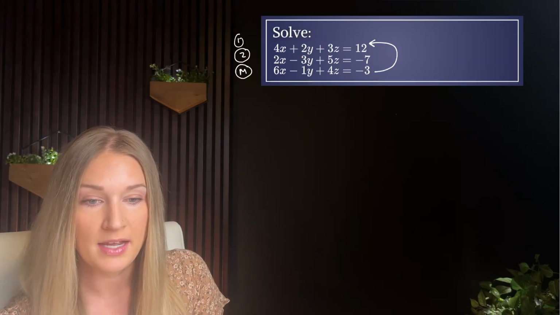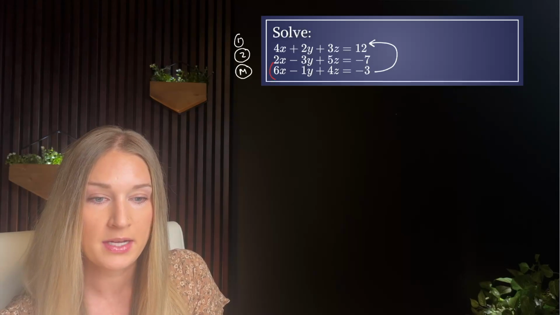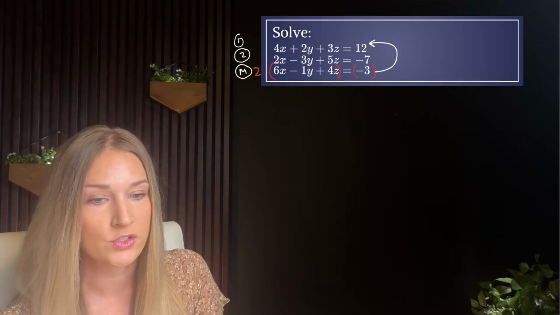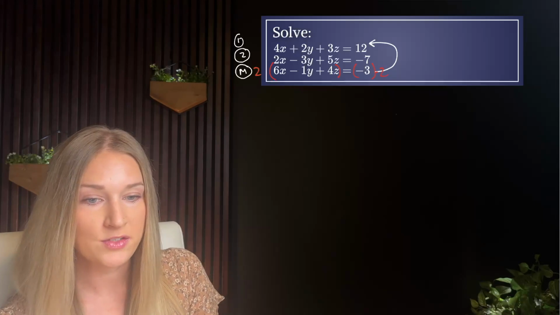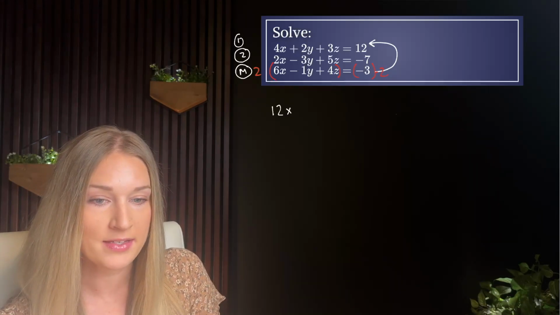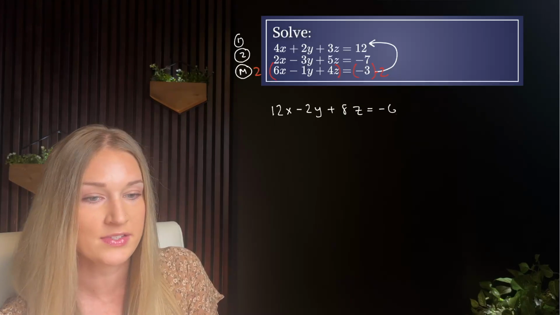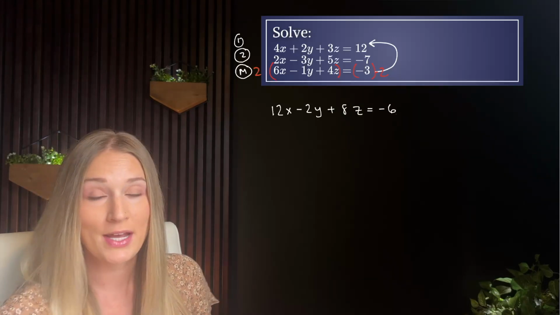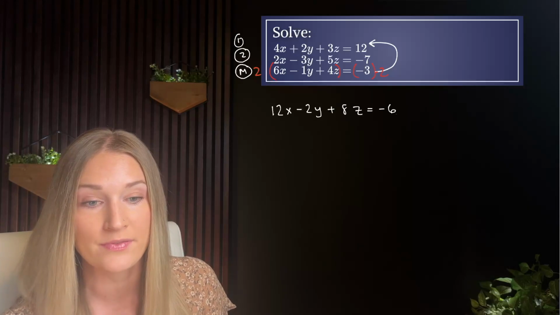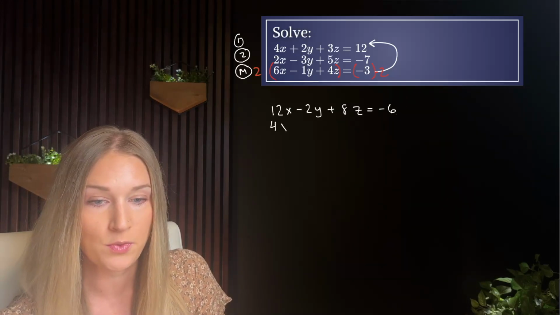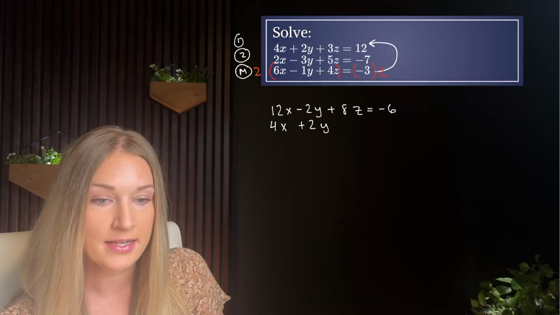So I'll multiply the entire equation, everything on the left and everything on the right, by 2. So my master equation now becomes 12x minus 2y plus 8z equals negative 6. And my first equation, I don't need to change because I already have that positive 2y. So I'm just going to take that first equation and write it down below, and then I can add the equations together.